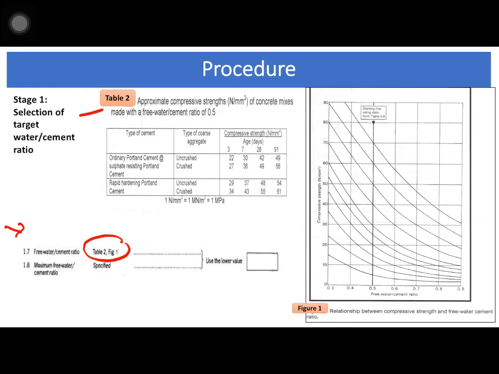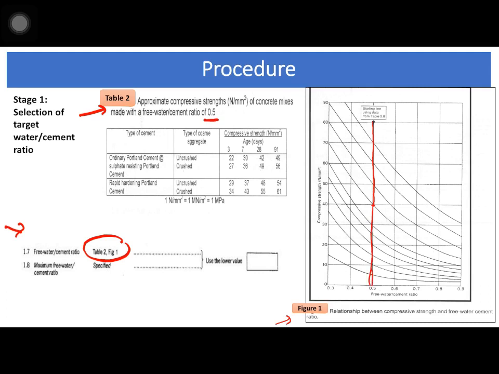So this table 2 gives the approximate compressive strength of concrete mix made with a free water cement ratio of 0.5. So it means that here 0.5 gives the datum point at this figure 1. So this figure 1 shows the relationship between compressive strength and free water cement ratio. So this is the datum 0.5.